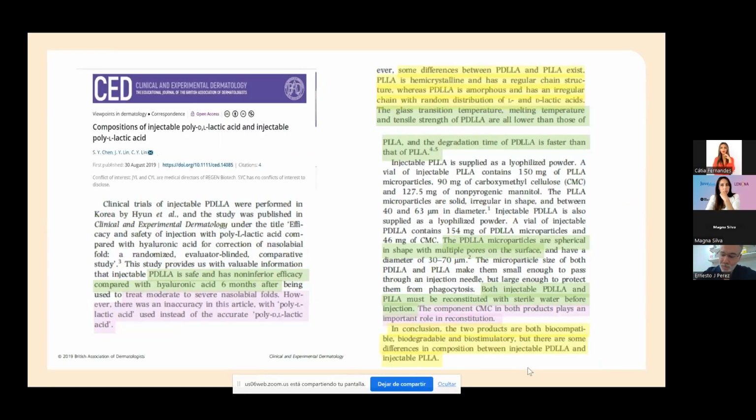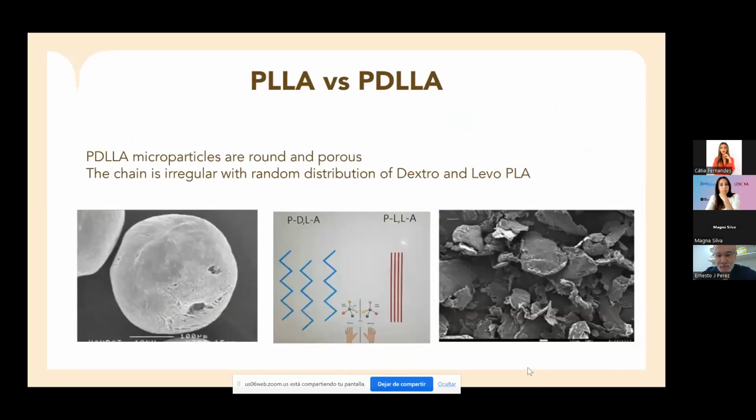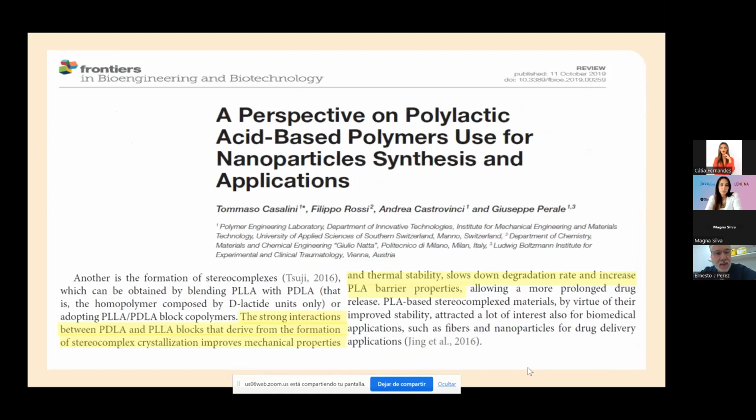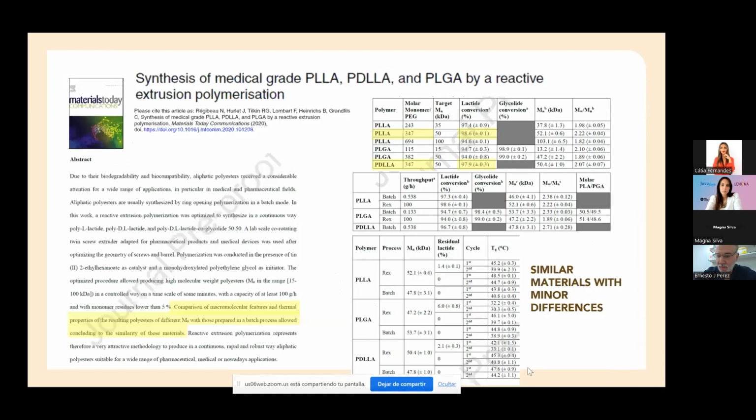Sorry. Okay. The PDLLA microparticles are round and porous, and the chain is irregular, with random distribution of dextro and levo polylactic acid. And this is a bioengineering article that shows us a lot of characteristics of PLLA, PDLLA, and PLGA, and they are similar materials with very, very minor differences.